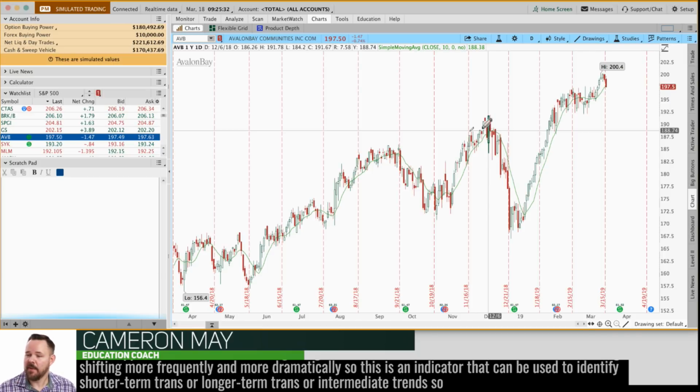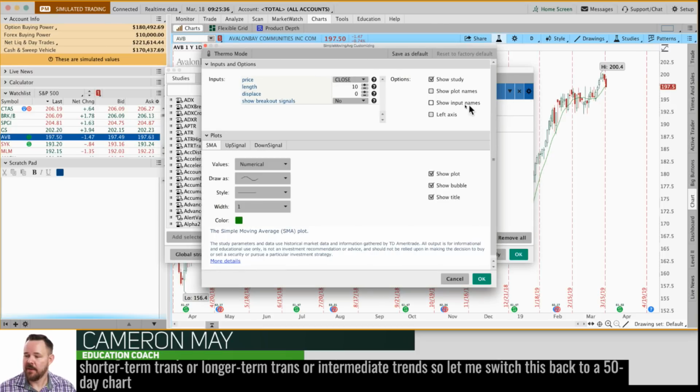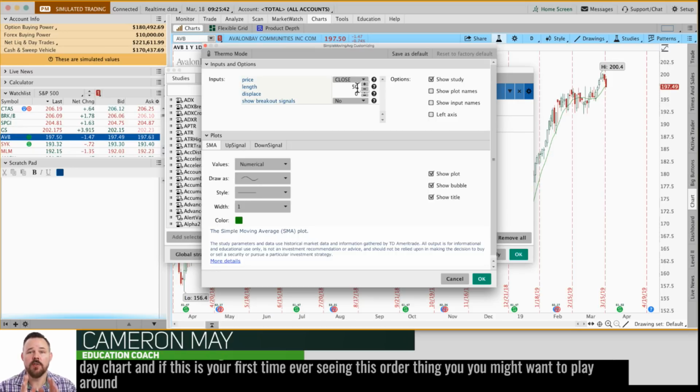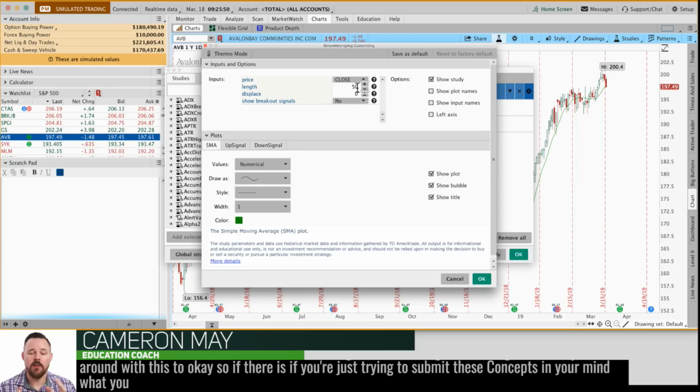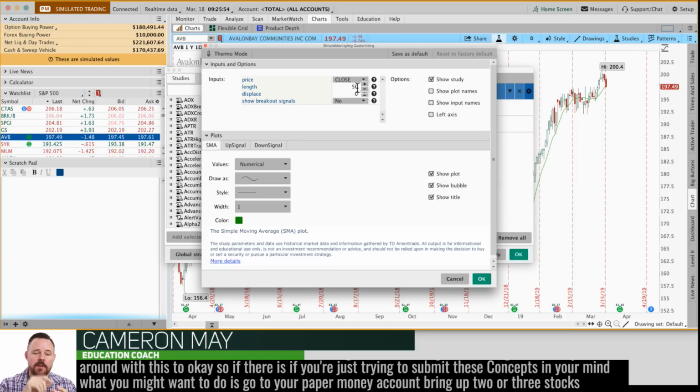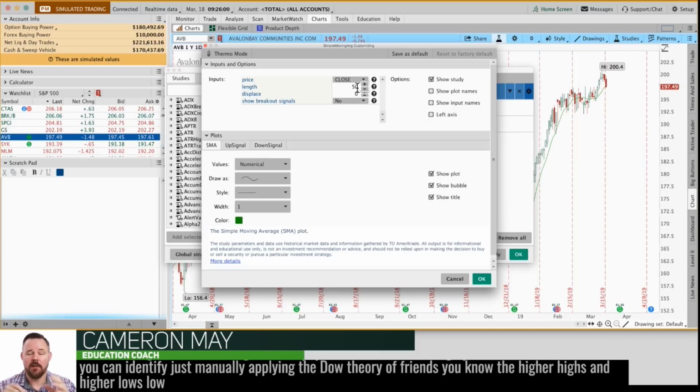So let me switch this back to a 50-day chart. And if this is your first time ever seeing this sort of thing, you might want to play around with this tool. If you're just trying to cement these concepts in your mind, go to your paper money account, bring up 2 or 3 stocks, and see if you can identify the trend by manually applying the Dow theory of trends: higher highs and higher lows, lower highs and lower lows.